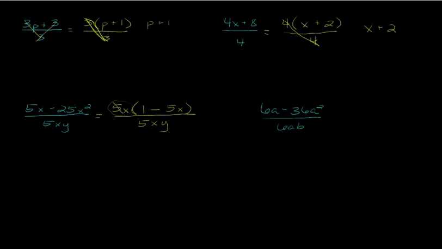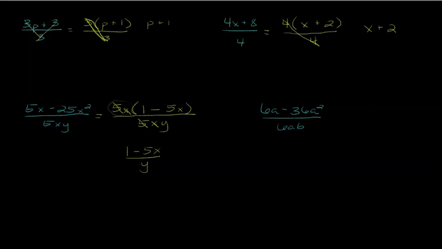So this 5 cancels out that 5. This x cancels out that x. So you're just left with 1 minus 5x over y. Again, this cannot cancel out that 5x here because it's being added and subtracted. And this goes back to PEMDAS, because we have to multiply first.